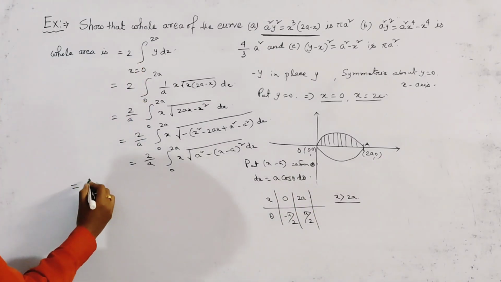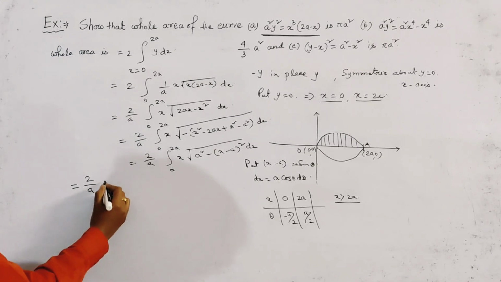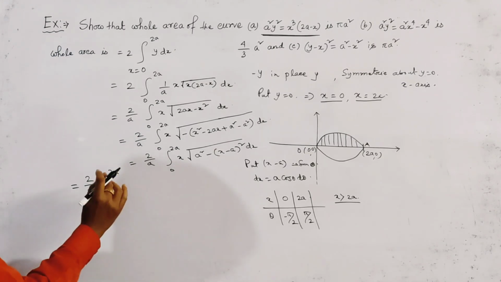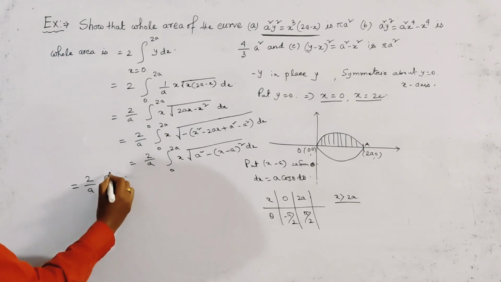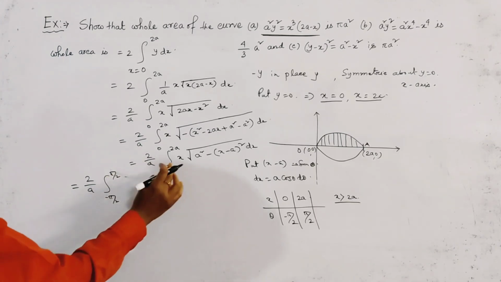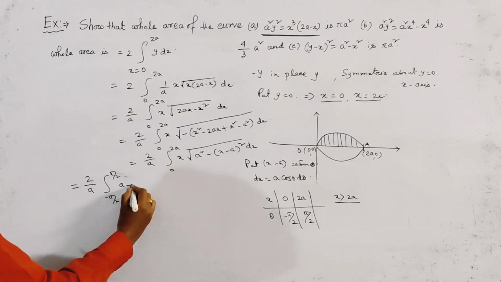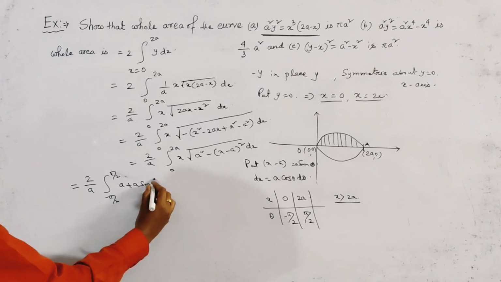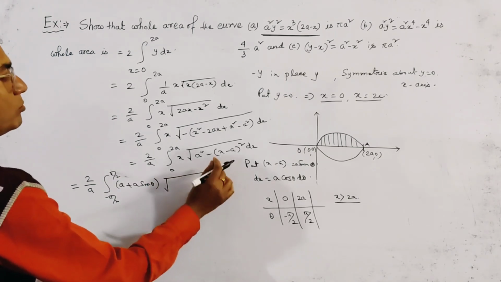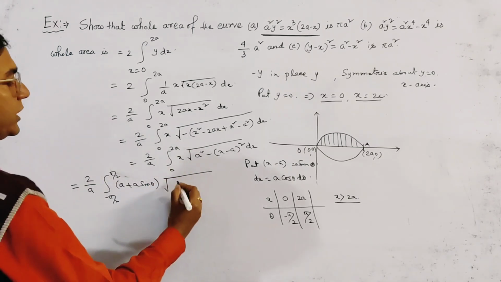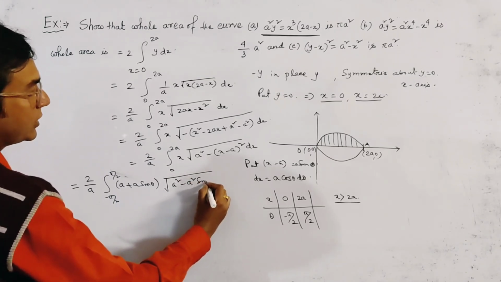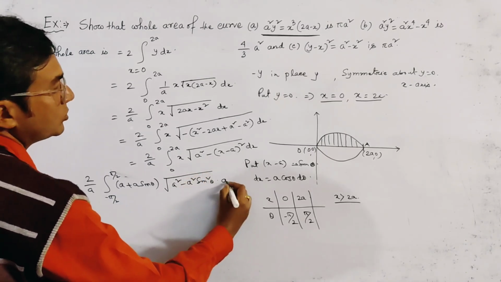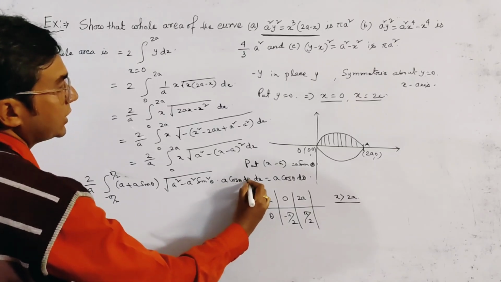So our area is 2 by a times the integral from minus pi by 2 to pi by 2 of (a plus a sin theta), and from under the root we get a square minus a square sin square theta, into a cos theta d theta.